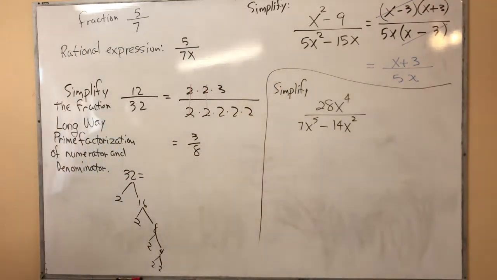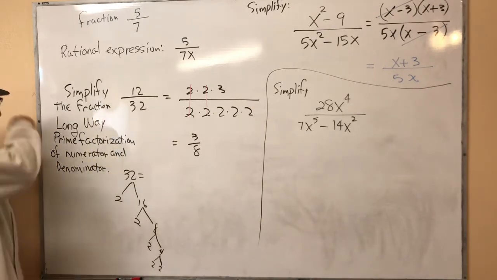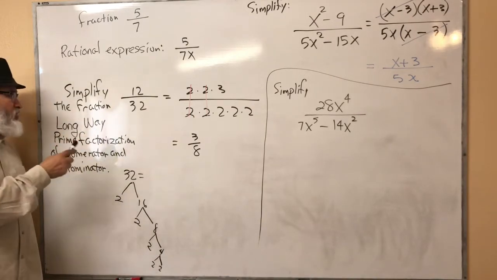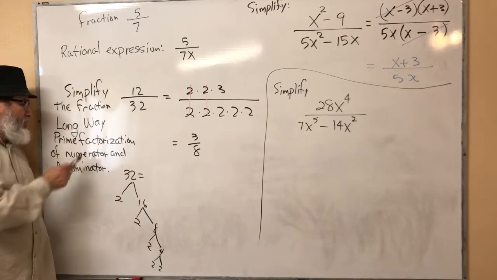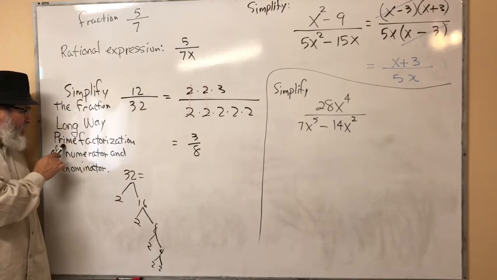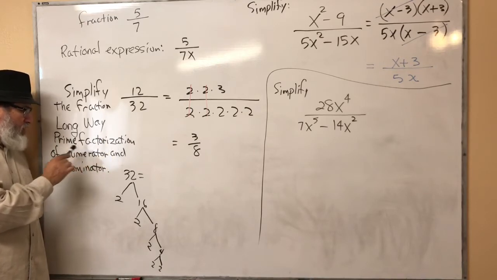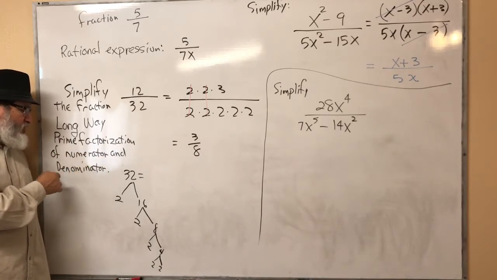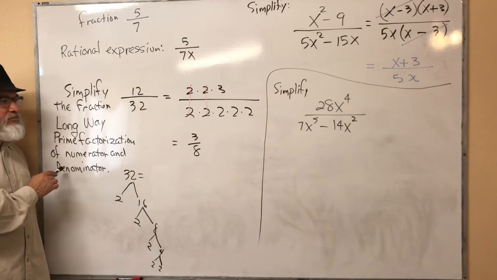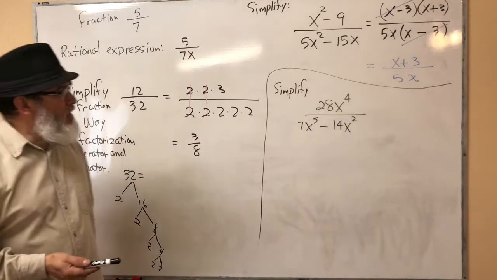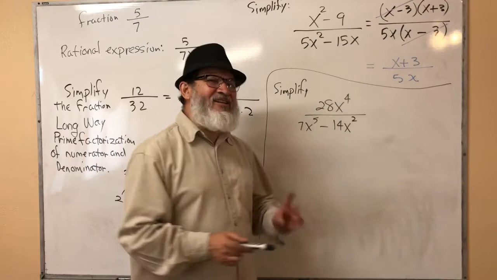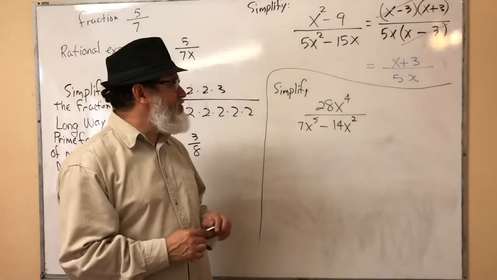Okay. Well, you have no choice but to do it the long way. The long way is the prime factorization of the numerator and the prime factorization of the denominator. Well, let's do that. Let's get the denominator first, okay?